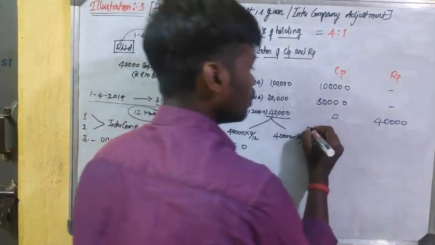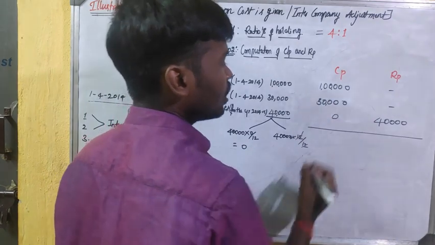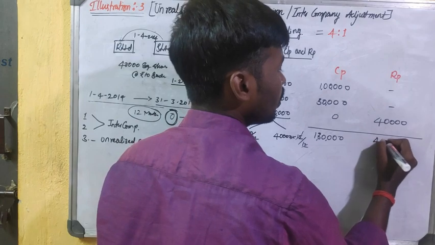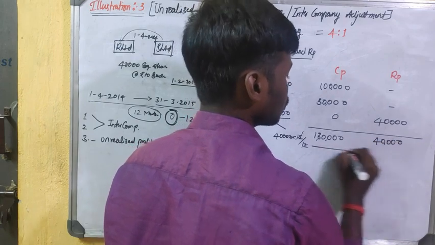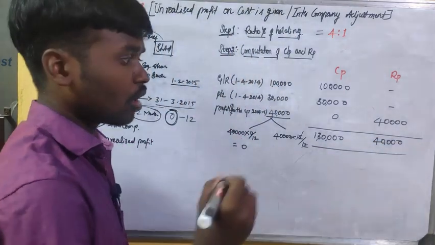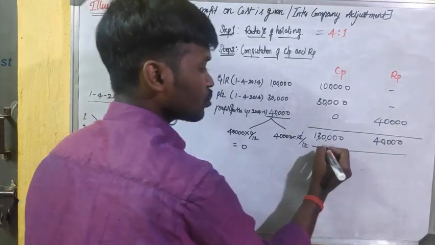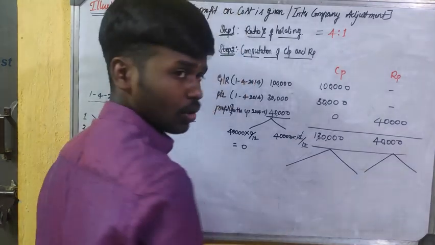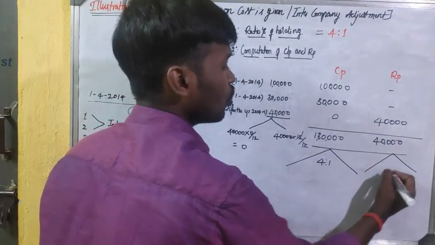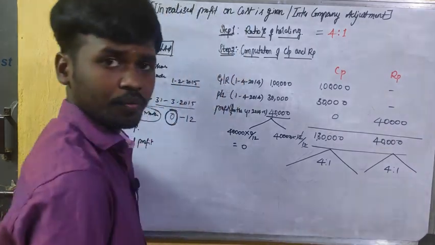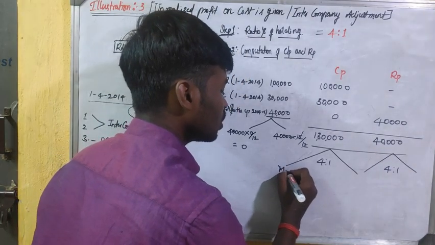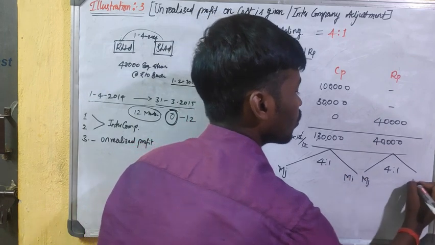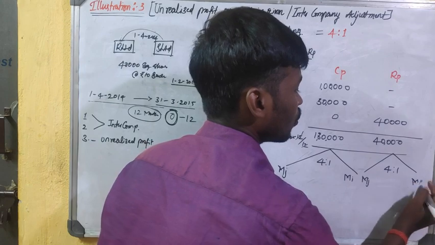Okay. Now total capital profit is 1,30,000 and revenue profit is 40,000. Okay. So now you have to distribute this 1,30,000 to majority shareholders and minority shareholders based on the 4:1 ratio. See how much we are going to distribute to the majority shareholders and minority shareholders based on the ratio.